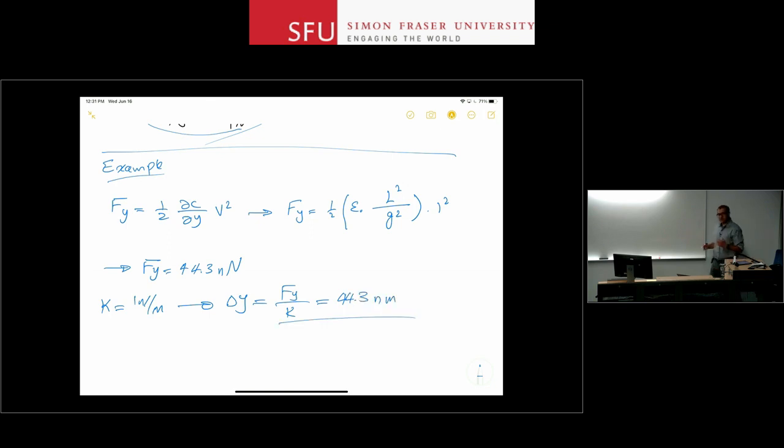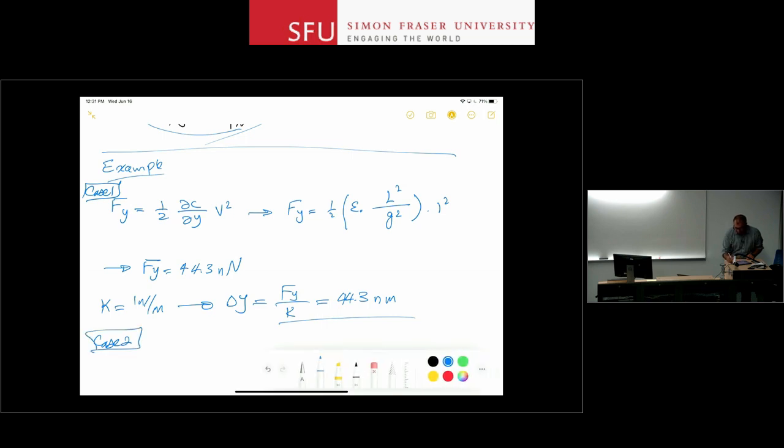Again, at macro scales, that's a really, really small displacement to see. It's only 50 nanometers of displacement. Initial gap was 1 centimeter. So for the macro scale situation, even though these things are happening, we do not notice them, we cannot measure them, we basically ignore them.